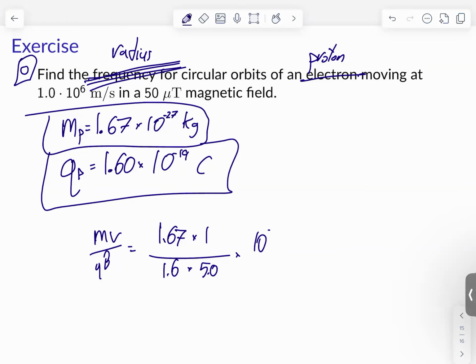What's m's power? 27, sorry, thank you, Alex. V, what's the power for v? 10 to the 6th. Then what's the power for q? 10 to the negative 19. What's the power of the B? Well, it's 50 times 10 to the minus 6, that'd be 5 times 10 to the minus 5.